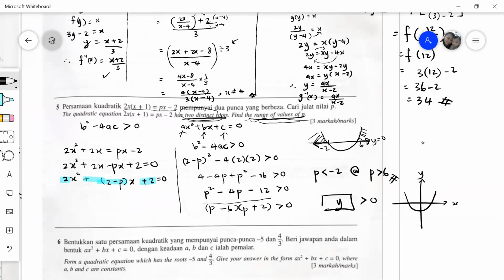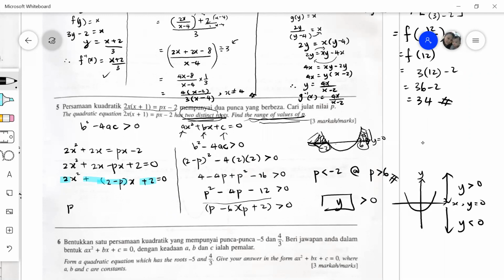Over here y equals to 0, and when you go above, it is y greater than 0. When you go below, it is y less than 0. So we are actually looking for this. When it is greater than 0 are all the values here, so the corresponding x value is this one. If it is equal, then it will be equals to negative 2 and 6, if it is an equation.